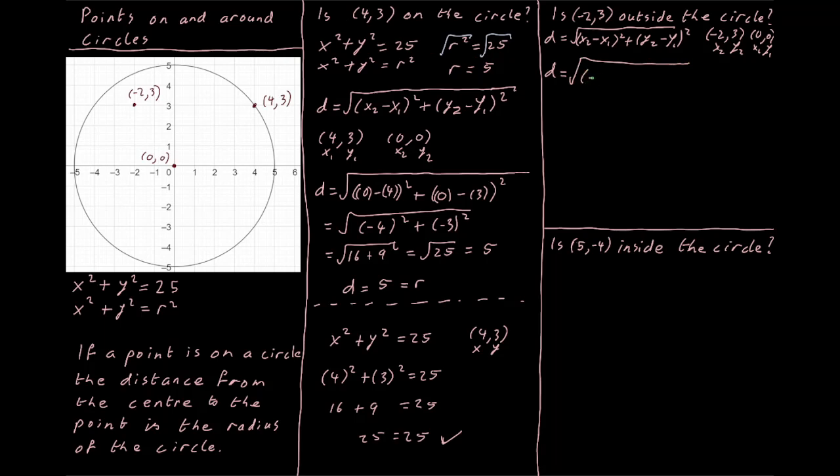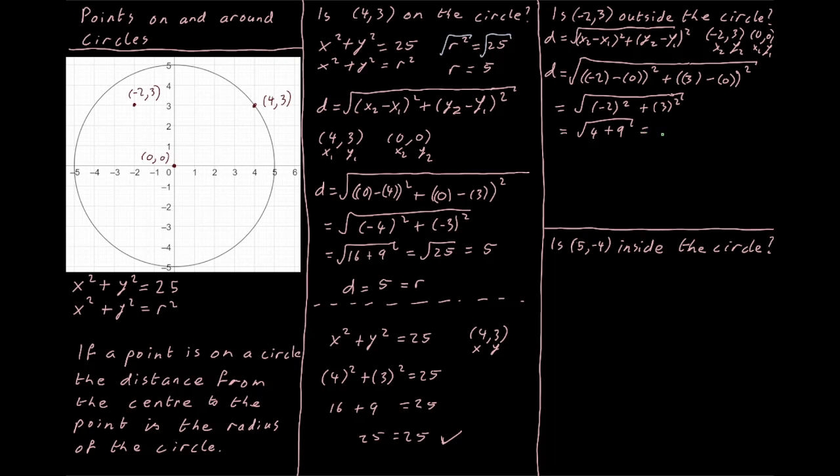So we sub in, and we get the square root of minus 2 minus 0 to be squared plus 3, all in brackets, minus 0 to be squared. And we get the square root of minus 2 to be squared plus 3 to be squared. And we get 4 plus 9.